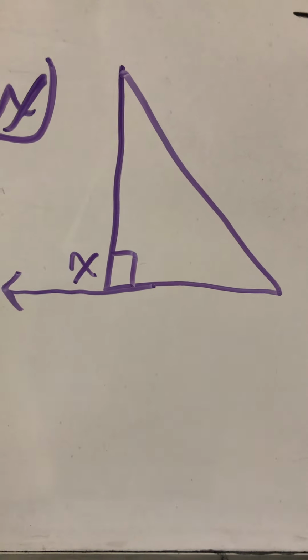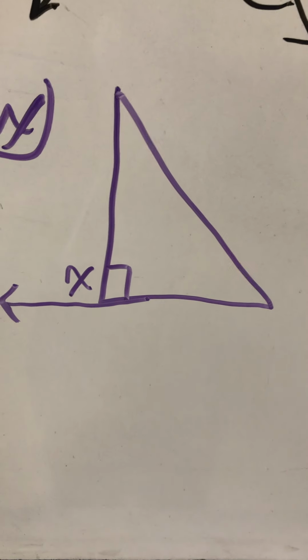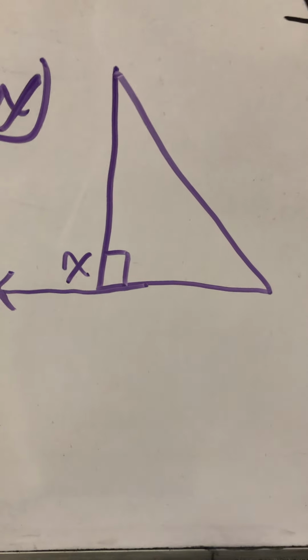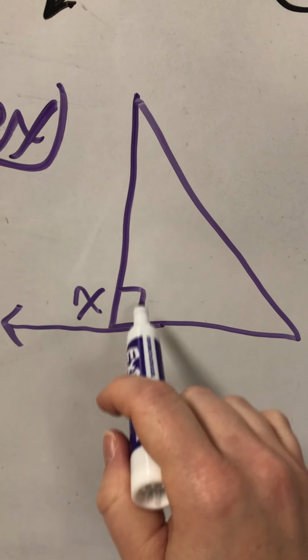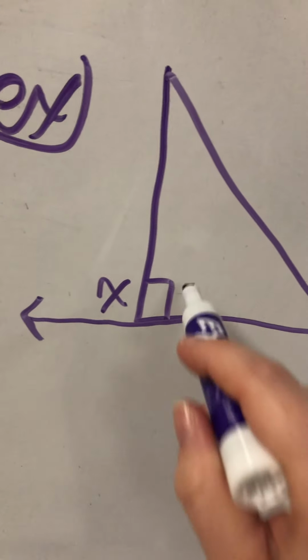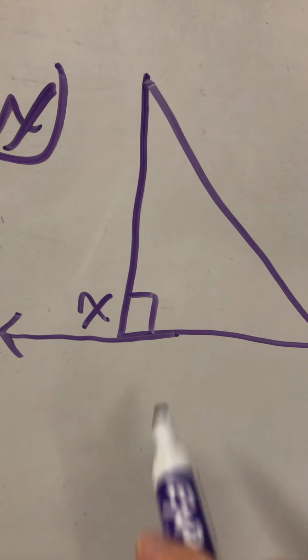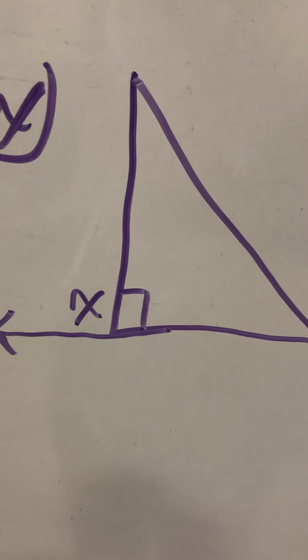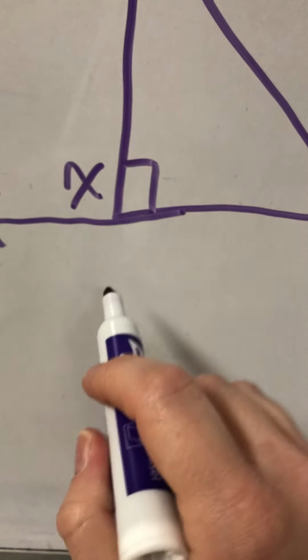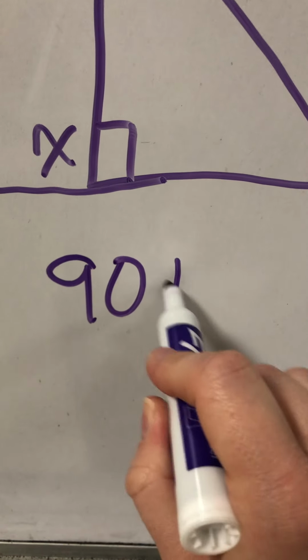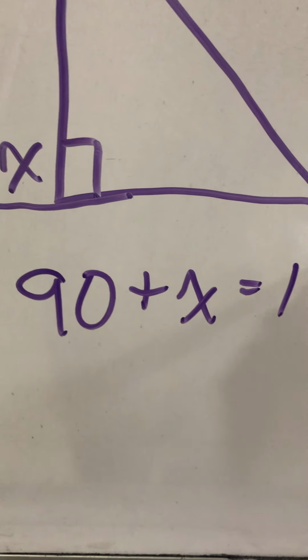Well, if you look at this triangle, there's no numbers. So some people might say, oh my goodness, we can't solve this. Yes, we can, because this symbol represents a 90-degree angle. So we know that that angle right there is 90 degrees. So 90 degrees plus x equals 180.